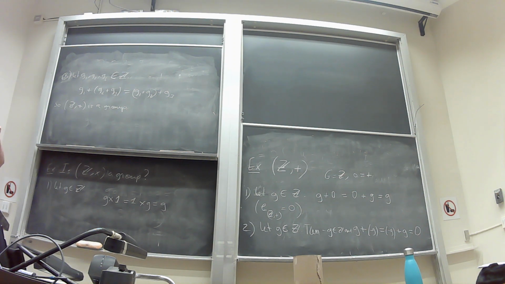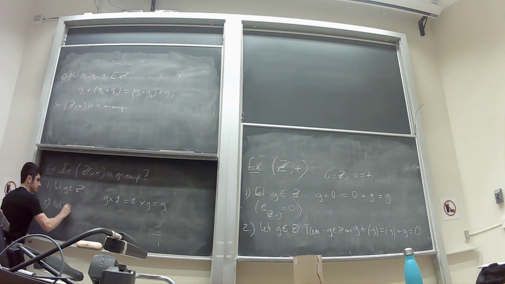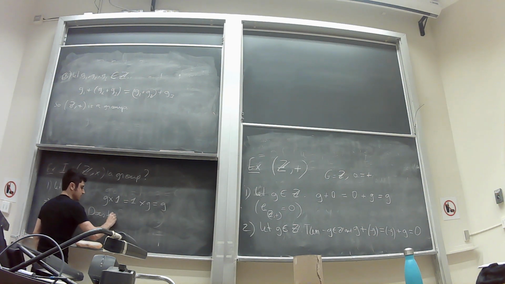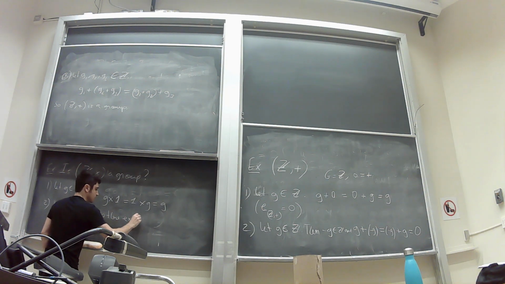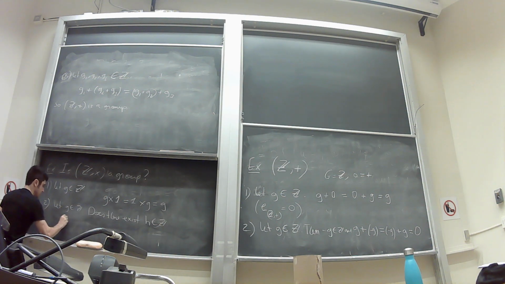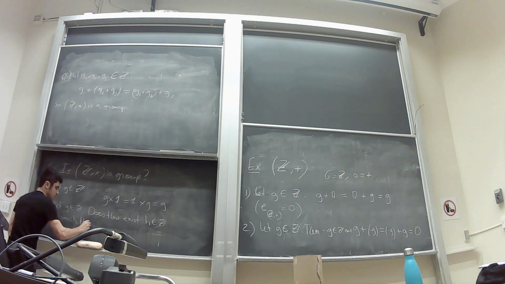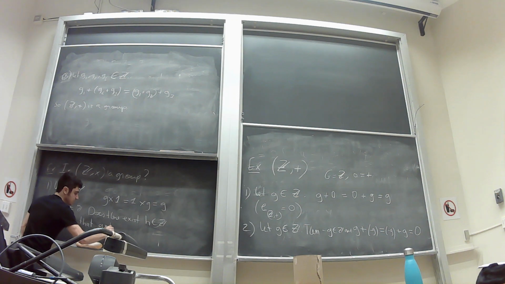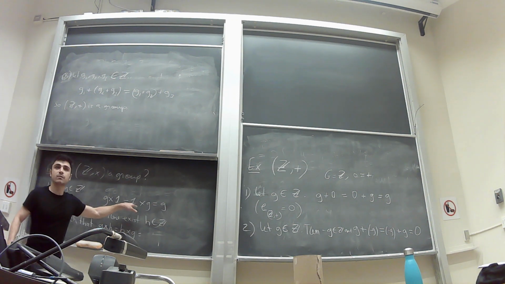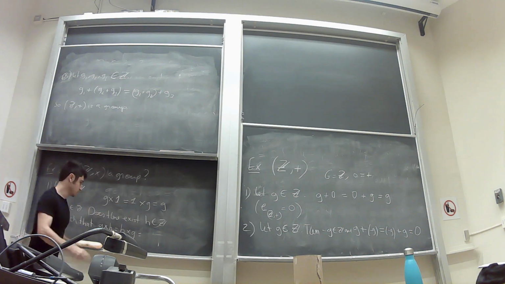Let's look at the second property. Please look at the second property. Let G be in Z. Does there exist H in Z such that G times H is equal to H times G is equal to what? What is my E here? 1.